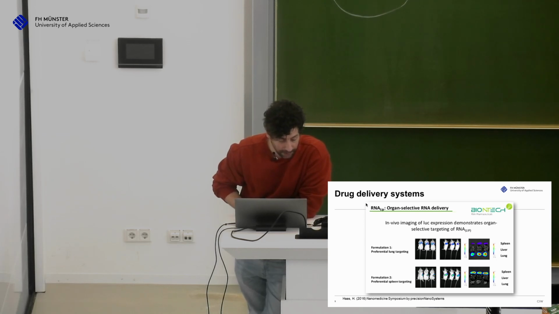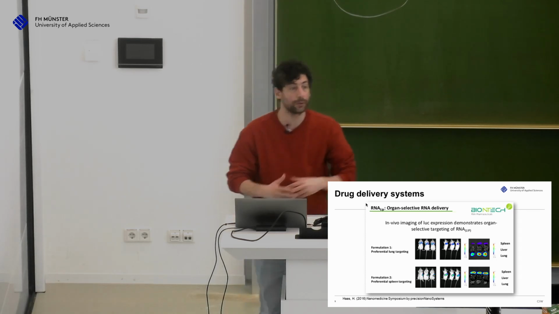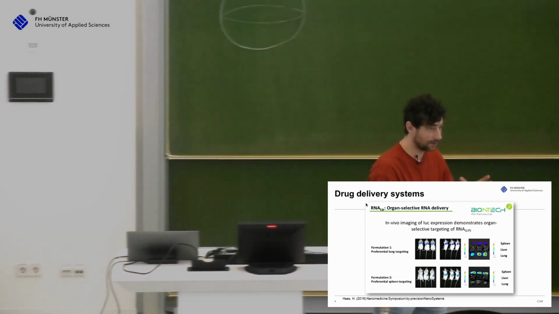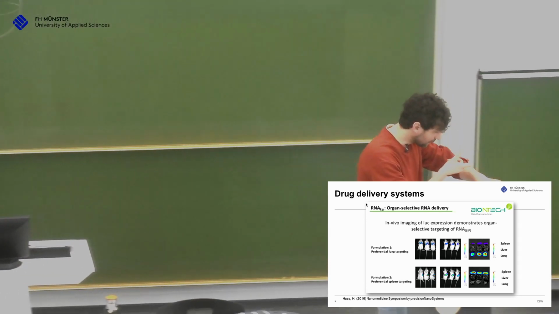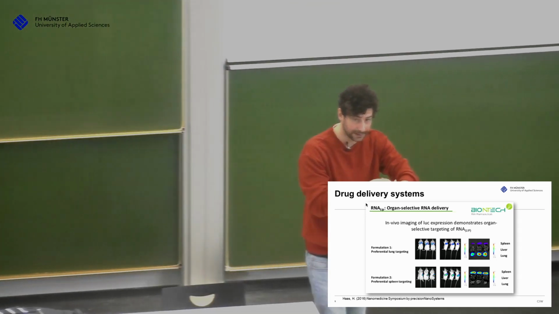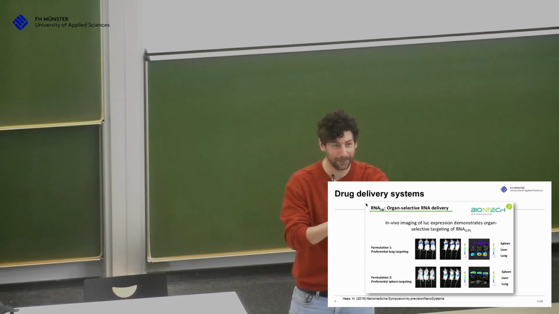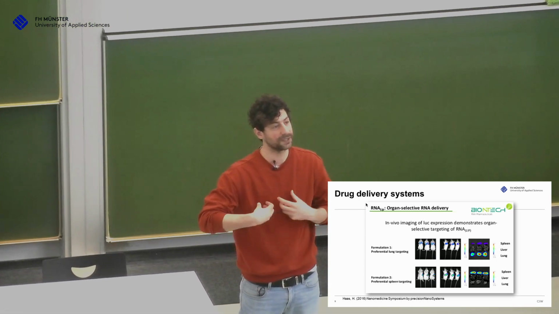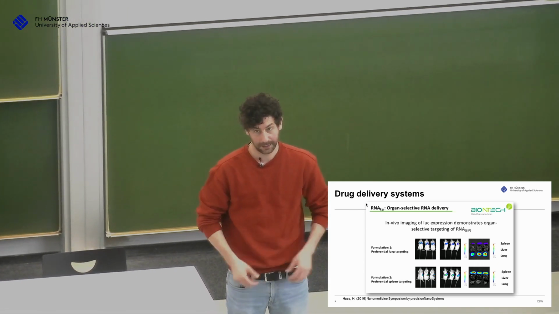And here, preferential spleen targeting. Here you see that most of the particles go into the spleen, and most of the particles here go into the lung. So by making the syringe, the vaccination, it's somehow, by doing some magic, possible that the nanoparticles go into the spleen or the lung.